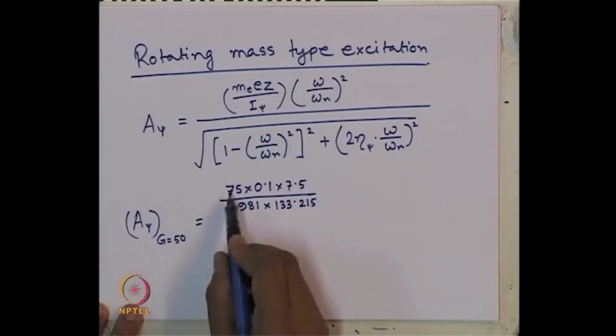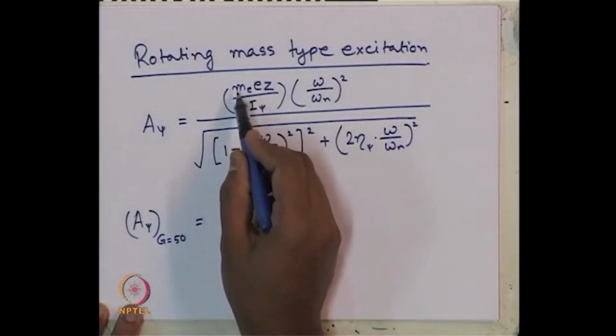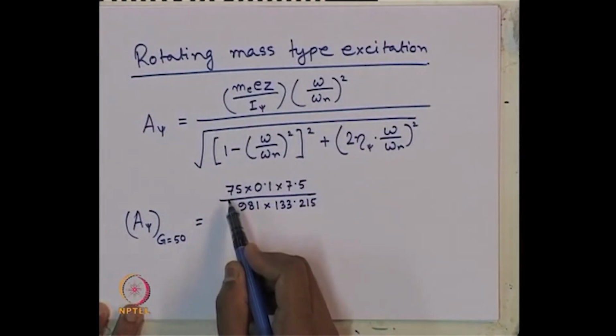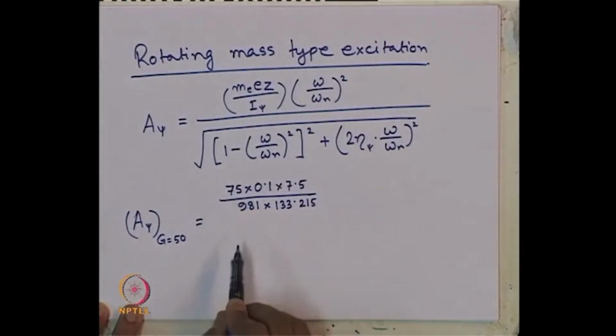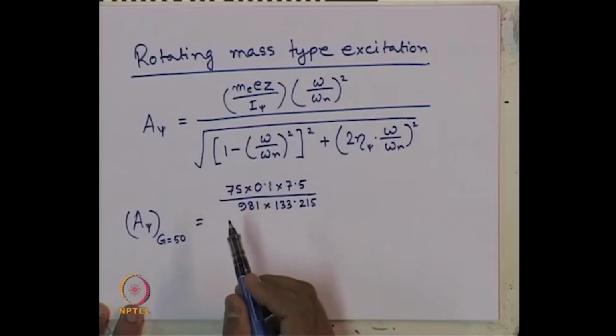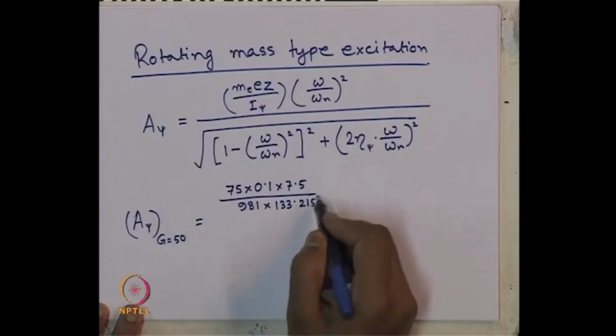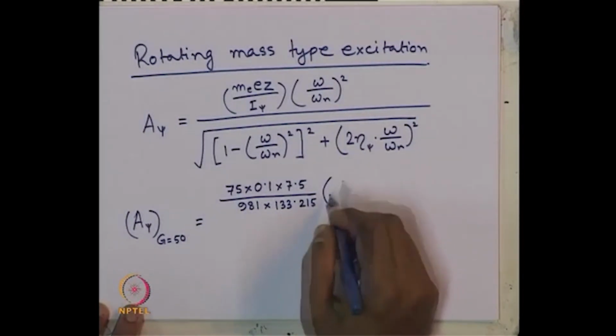Why 981? Because m e is mass and we have been given a 75 kg weight. So, weight we are dividing by this. That is actually kg force. When we are talking about weight, it is kg force. So, now divided by 981, that is the reason.